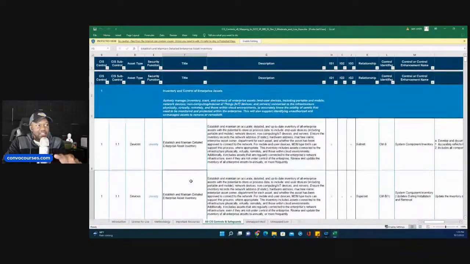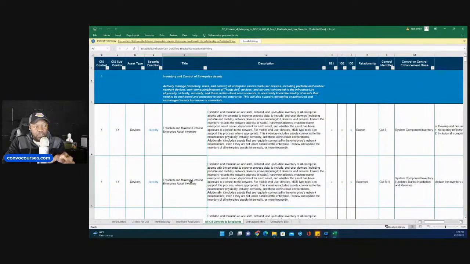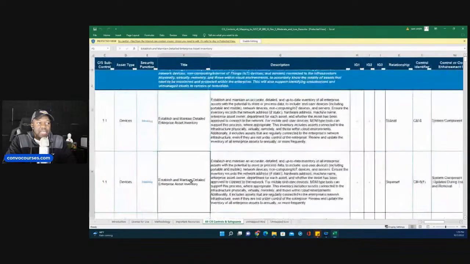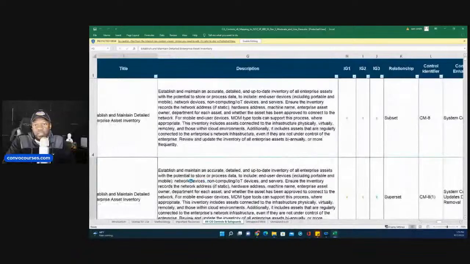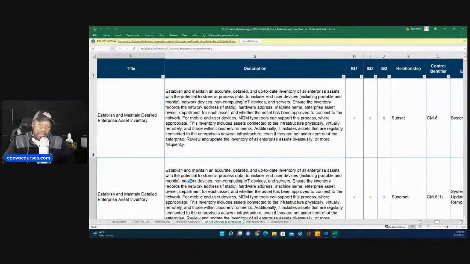That family of controls all deals with asset identification and asset inventories. That's making sure the organization knows what their baseline is. That's what it's all about. If the organization doesn't know what their baseline is, they don't really have a baseline. You can't have security without a baseline. If you don't know what's in your environment, how can you secure it?